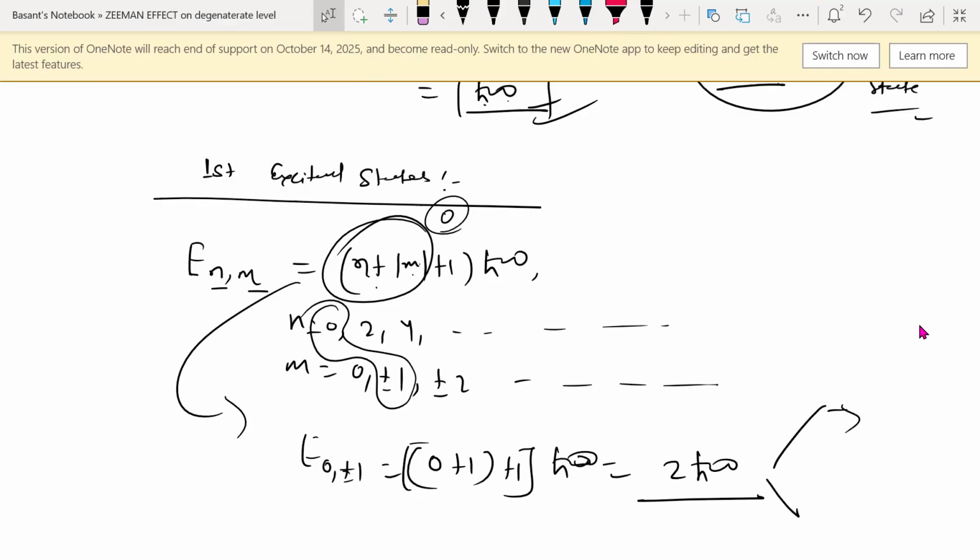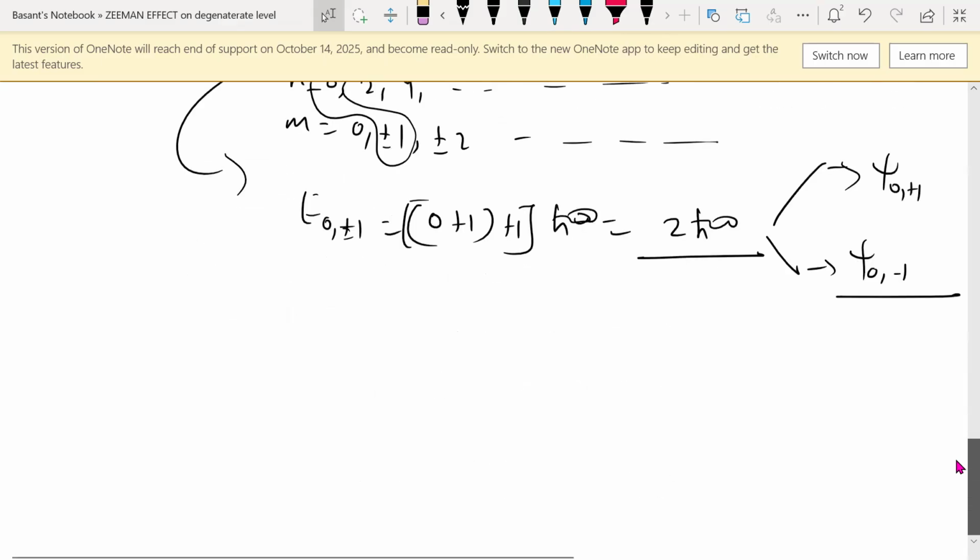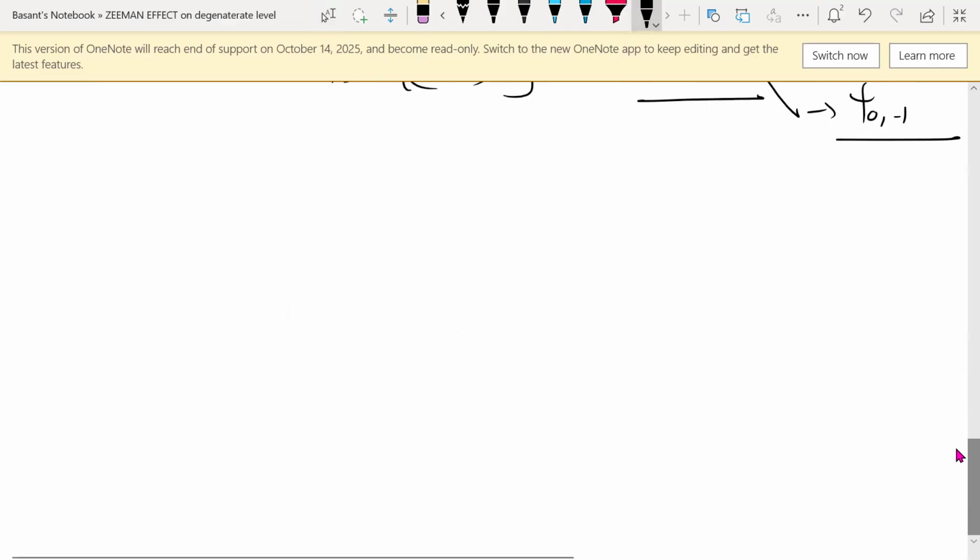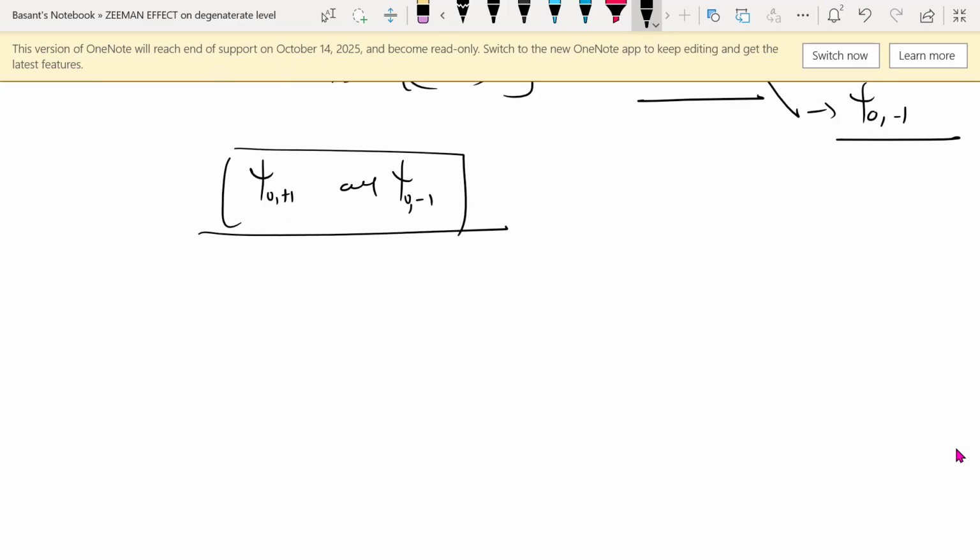But this energy level consists of two states, 0 plus 1 and 0 minus 1. So 0 plus 1 and 0 minus 1 are the two degenerate states of the first excited level.